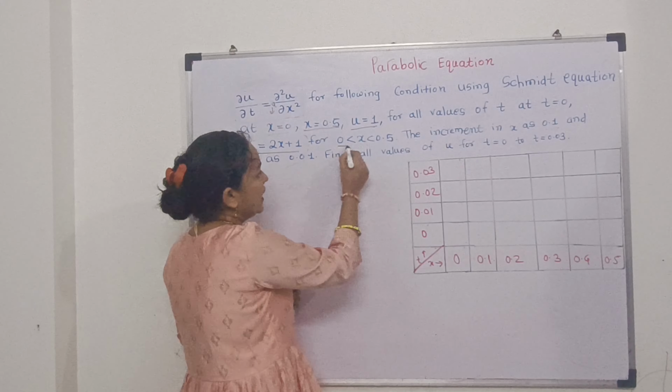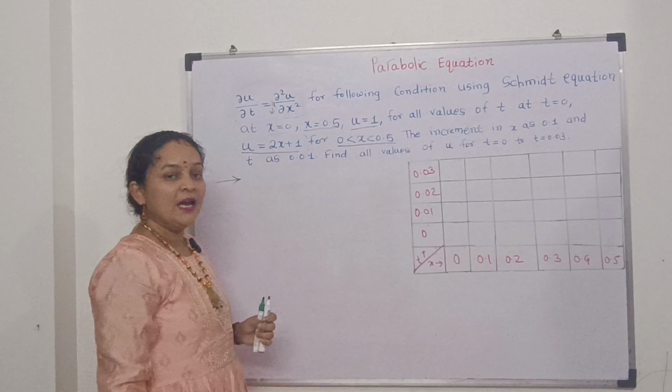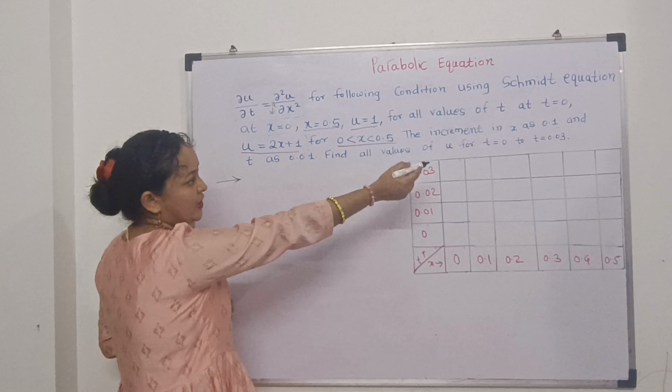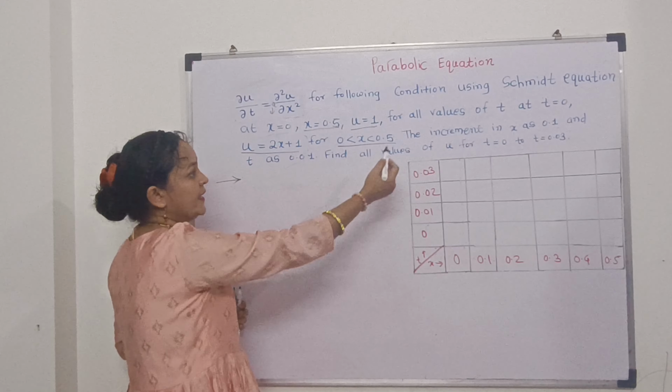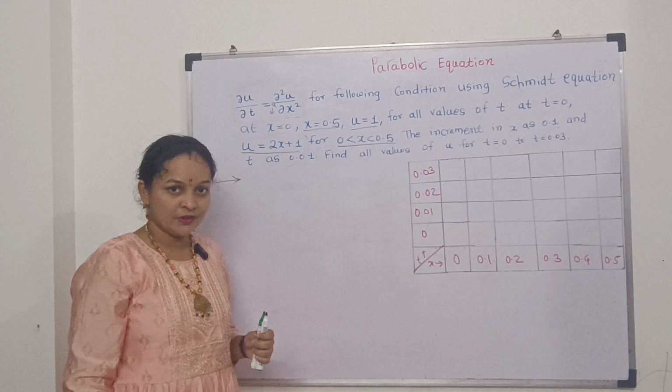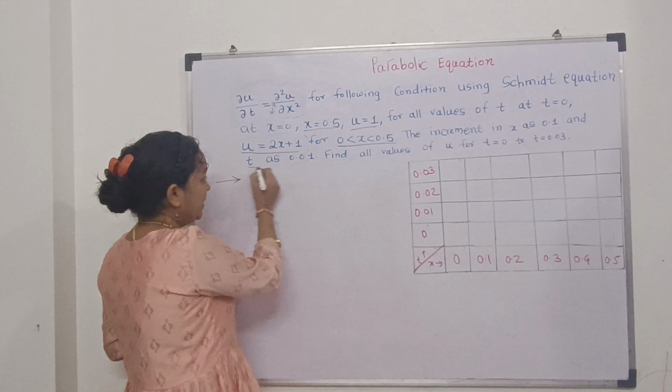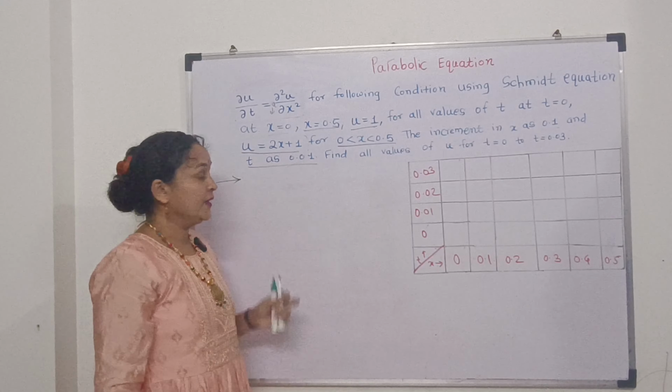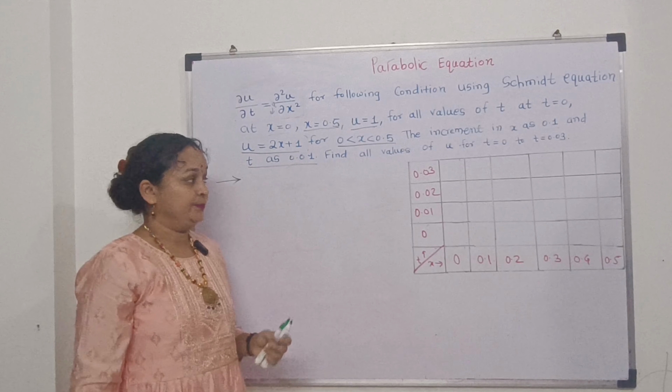They mention the increment for x, which is 0.1, and the t increment is 0.01.